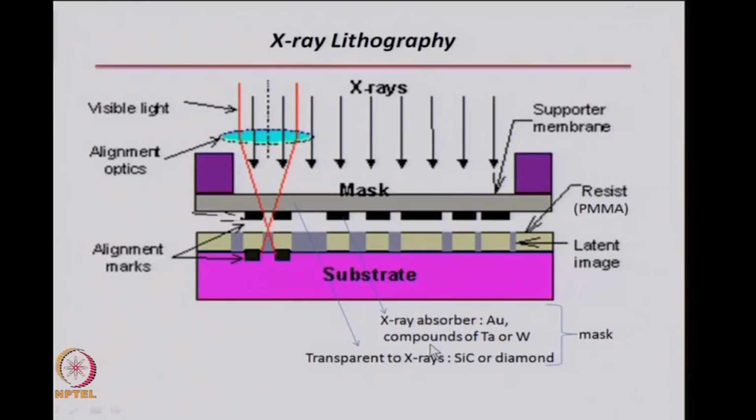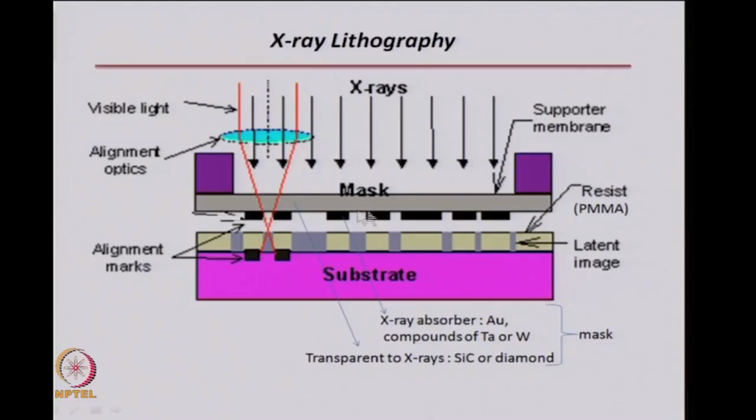Now, the materials which are used for X-ray absorption are typically metals with high atomic numbers like gold, or compounds of tantalum or tungsten which are also of high atomic masses, and the layer which is transparent to X-rays in the mask is typically silicon carbide or diamond, and as we already discussed, the film on which the image will be formed is typically a polymer which is PMMA.